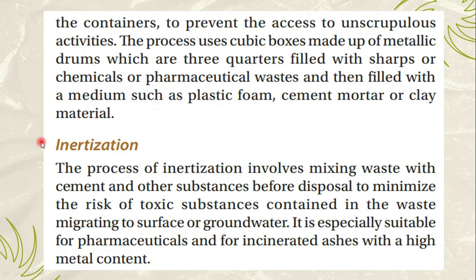Another method is inertization. The process of inertization involves mixing waste with cement and other substances before disposal to minimize the risk of toxic substances contained in the waste migrating to surface or groundwater. It is especially suitable for pharmaceuticals and for incinerated ashes with a high metal content.